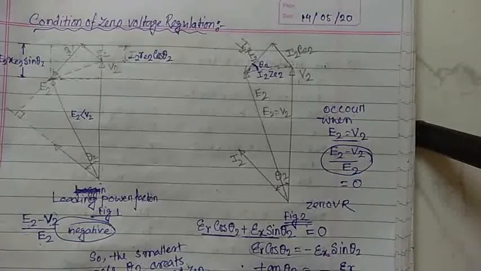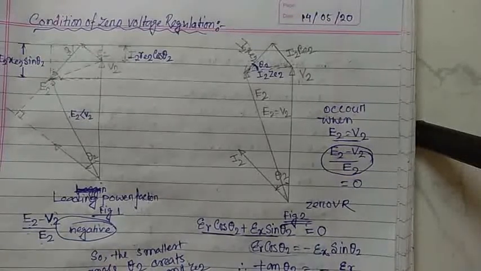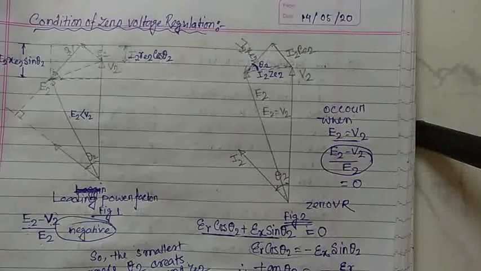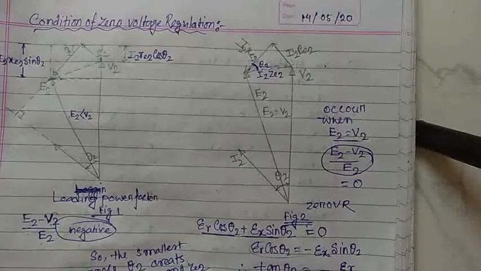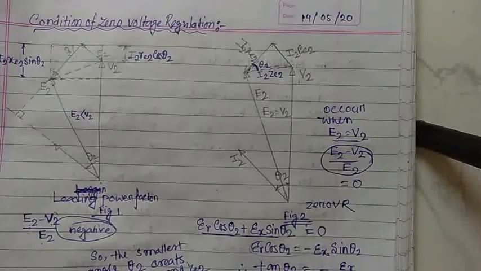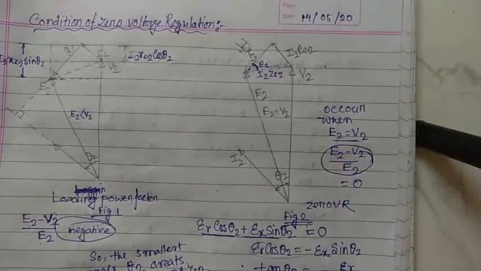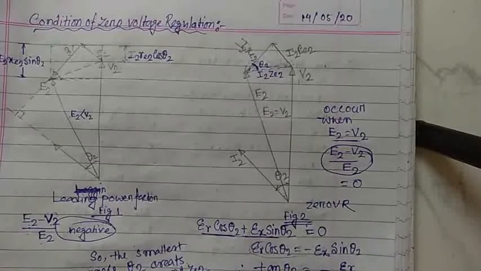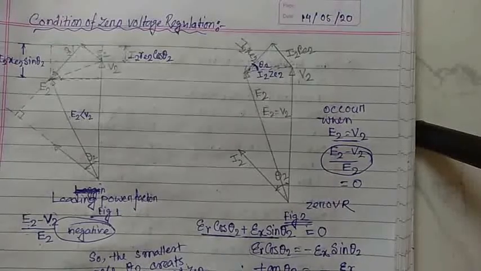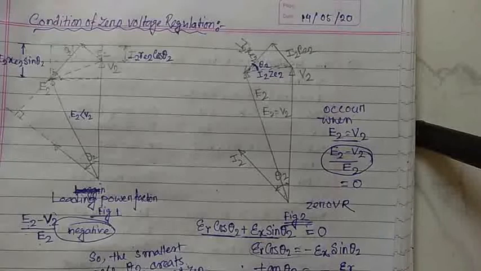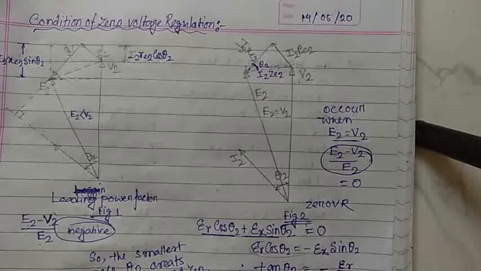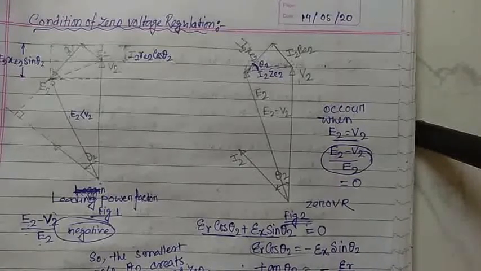Again we know epsilon r is equal to I2 Re2 by E2, and epsilon x is I2 Xe2 divided by E2. Putting these values in the tan theta equation, tan theta 2 equals minus Re2 divided by Xe2.